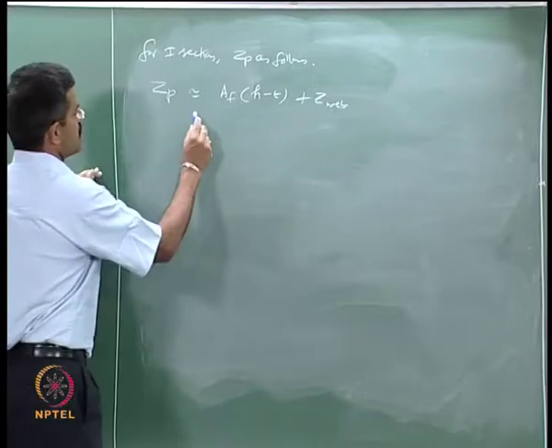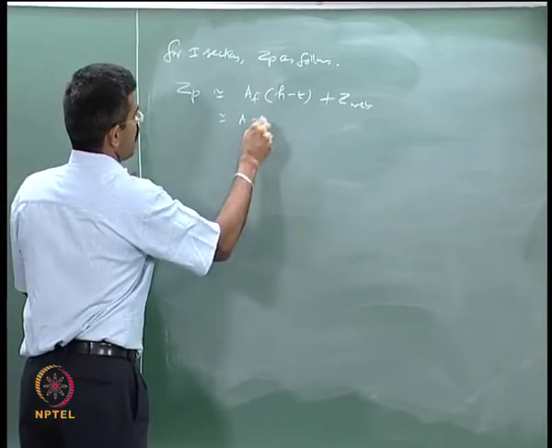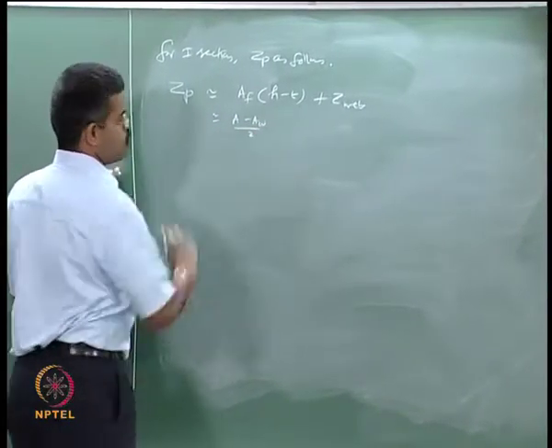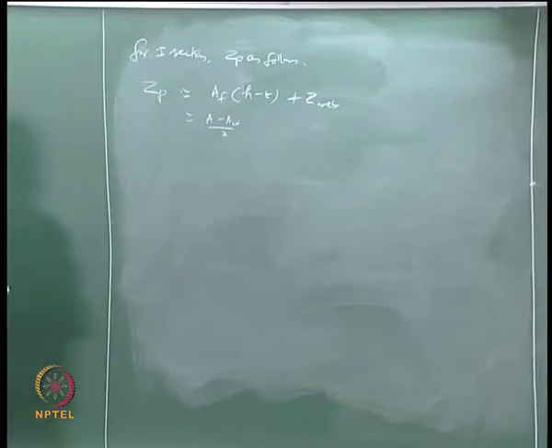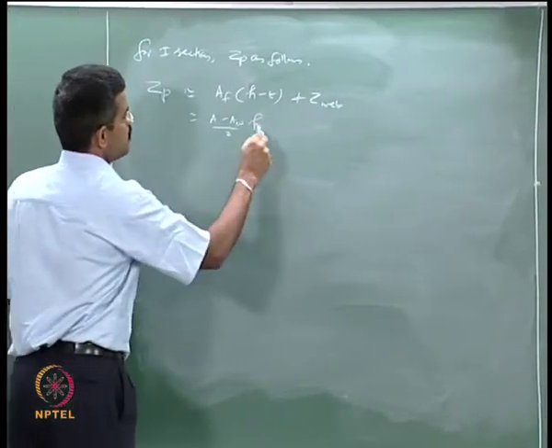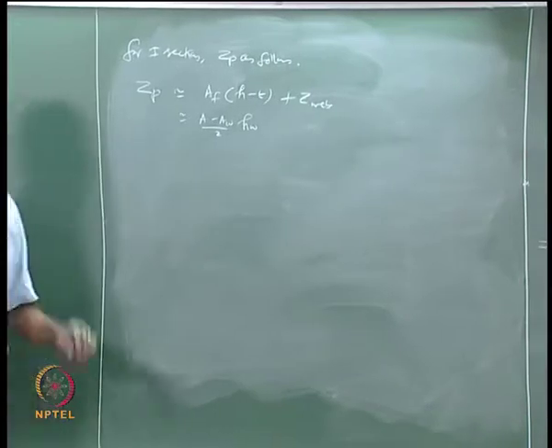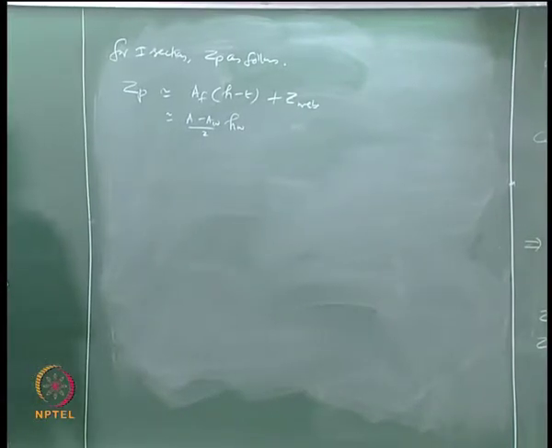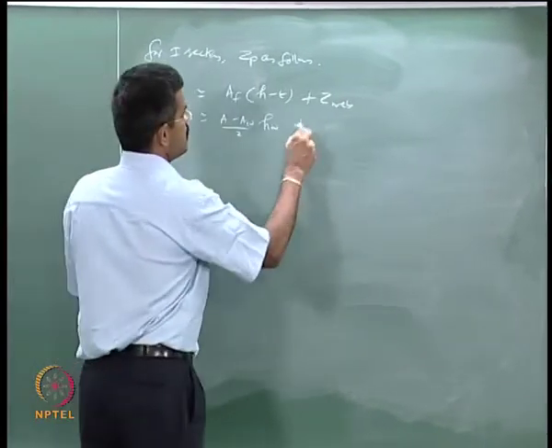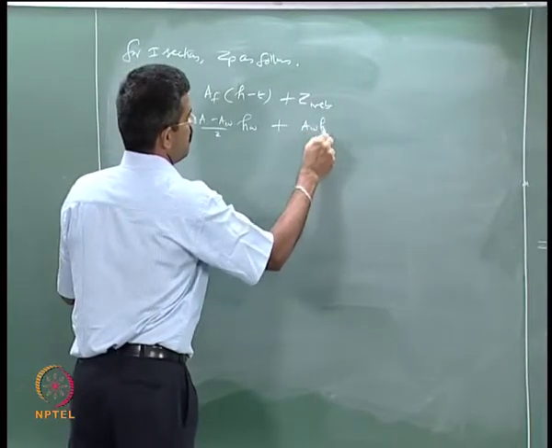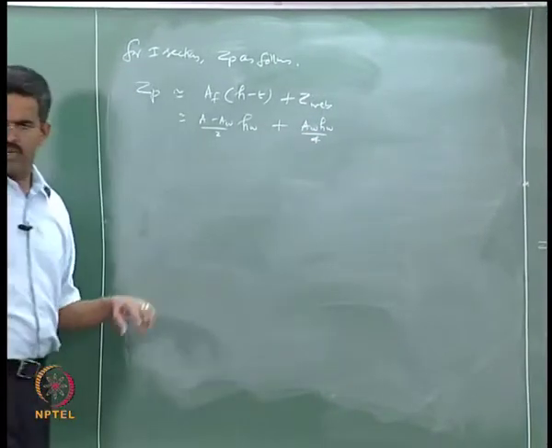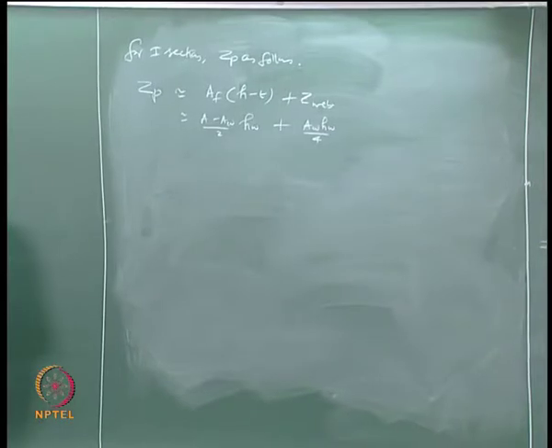So area of the flange can be simply A minus AW by 2, because there are 2 flanges, into HW, H minus T will give you HW, plus Z of the web AW HW by 4, is it not? That is web alone.